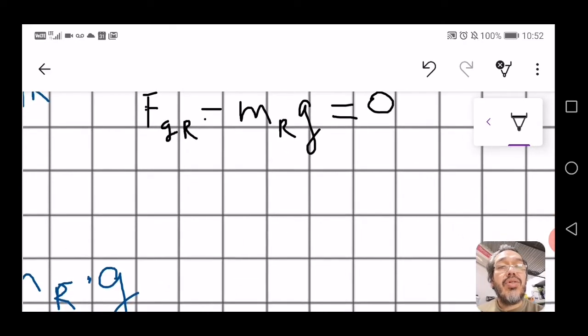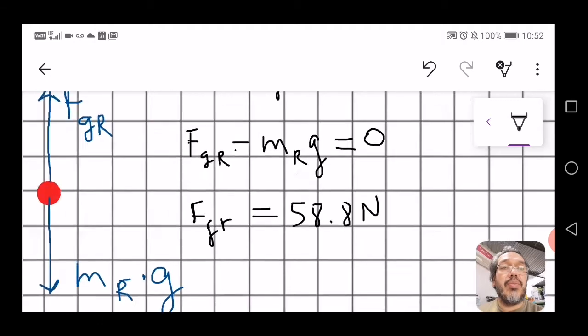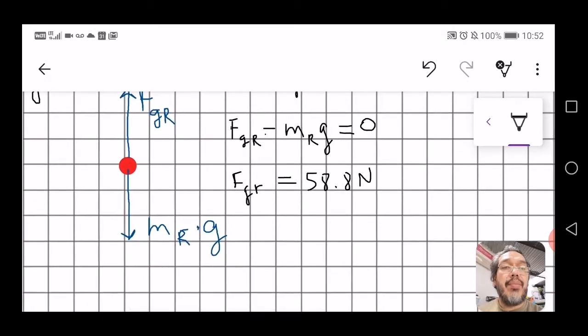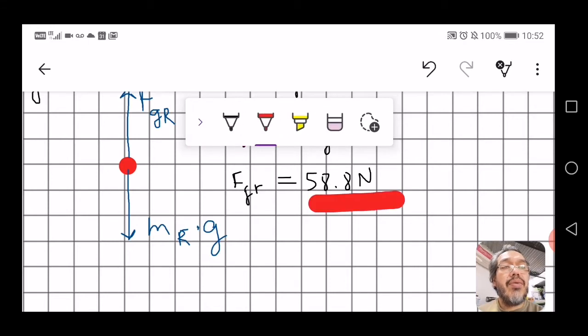And this, of course, tells you that the normal force, or the force exerted by the green block on the red one, is 58.8 newtons. You just have to plug in the numbers, m times g. So that's your answer for letter A.